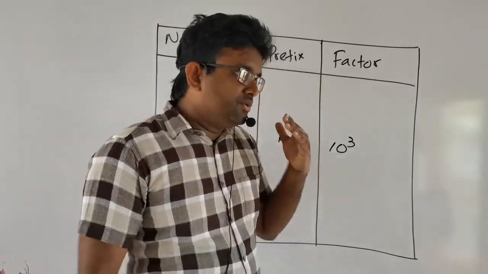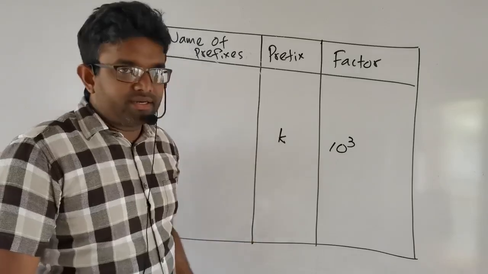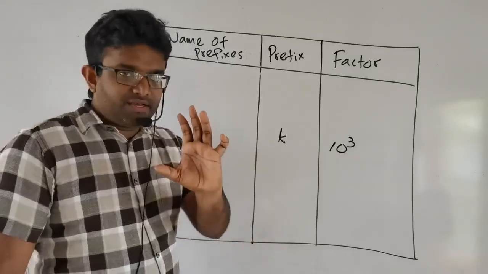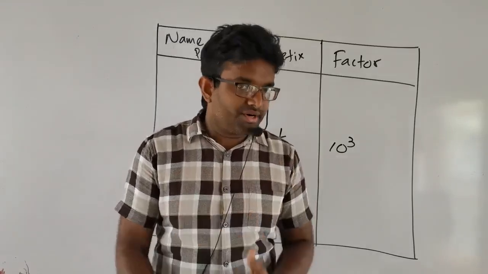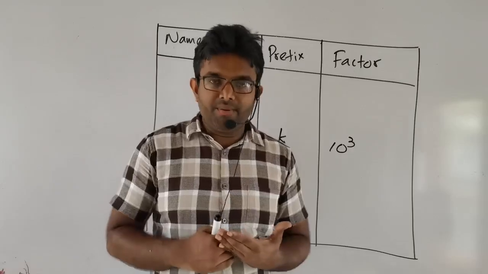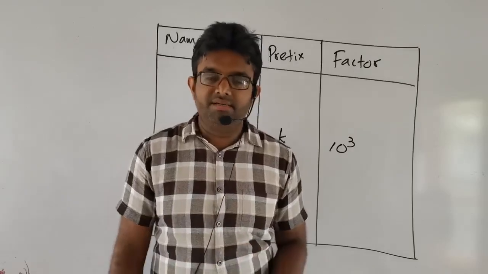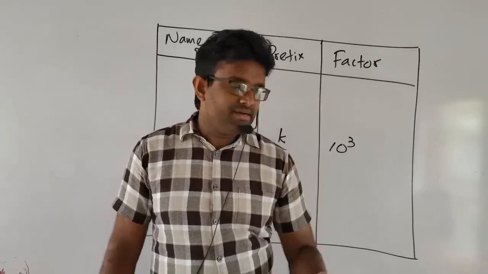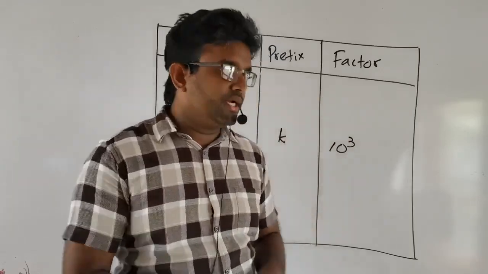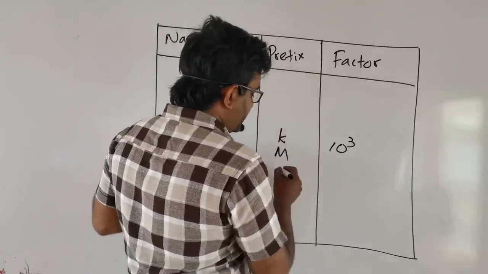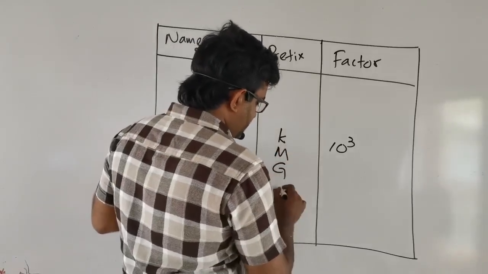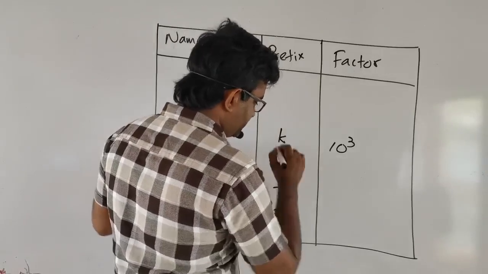To remember the pattern, you are very familiar with computer storage values, kilobytes, after that megabytes, likewise. The same pattern we follow in physics also. Kilo, then mega, giga, tera and peta.